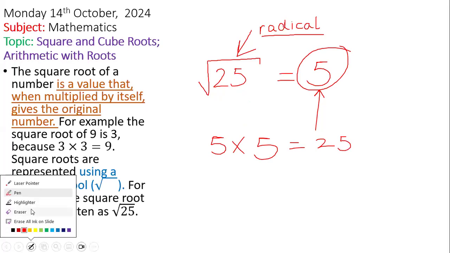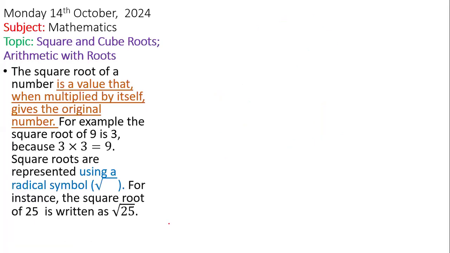Please write this down. You should write down this definition. Are we writing down this definition? Yes, sir. Okay, good. I need another reader. Go ahead, Samaya, read this definition. The square root of a number is a value that, when multiplied by itself, gives the original number.